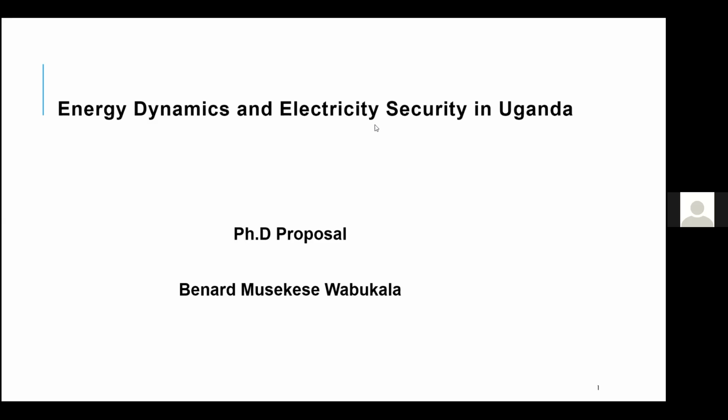So there are studies that have equated these two, but they have also been challenged on the same case. But for this study, those are two different things. Electricity supply security is one version of electricity security.